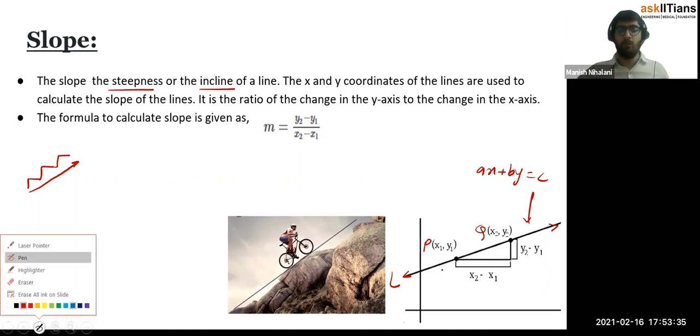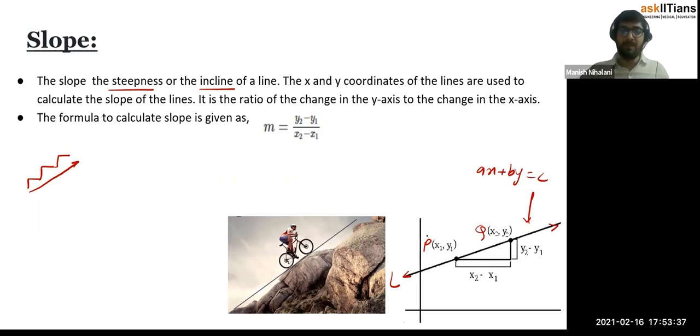Correct. So we would say slope is defined as the ratio of change in y-axis to the change in x-axis. After considering those 2 points, we dropped perpendiculars from both those points to the x-axis and y-axis respectively. This is your y-axis, this is your x-axis.